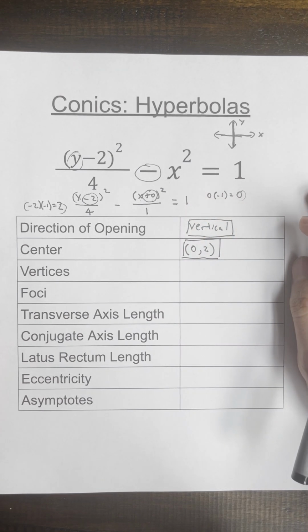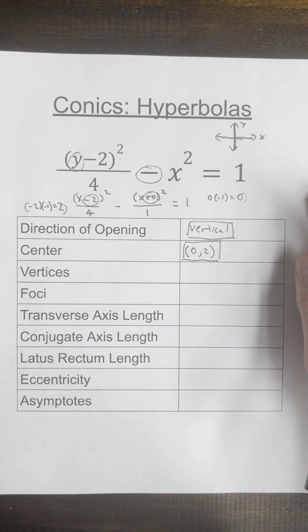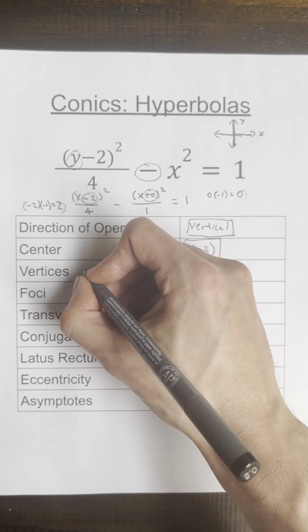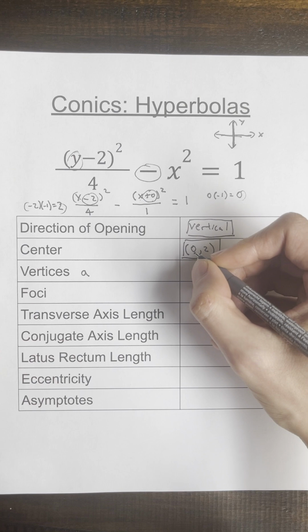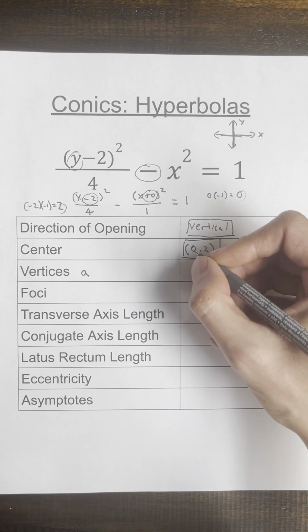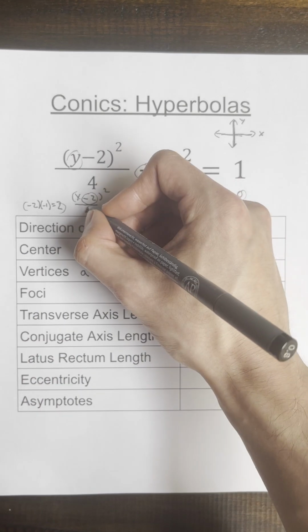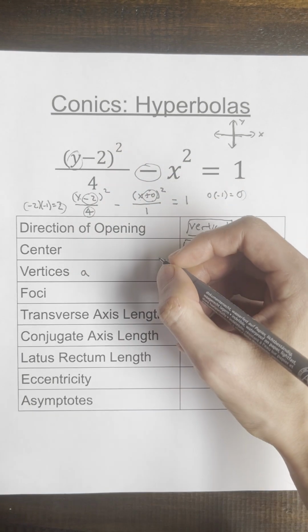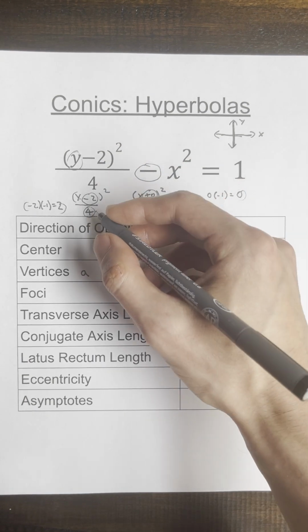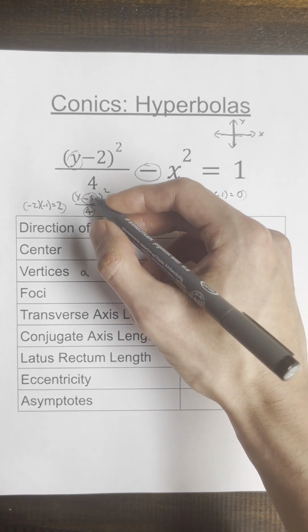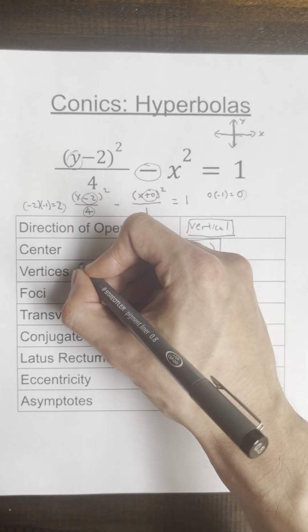How do we find the vertices? Do you remember? To find the vertices, you need to find A. How did we find A again? What's this number? This number, the denominator in the first fraction, is A squared.